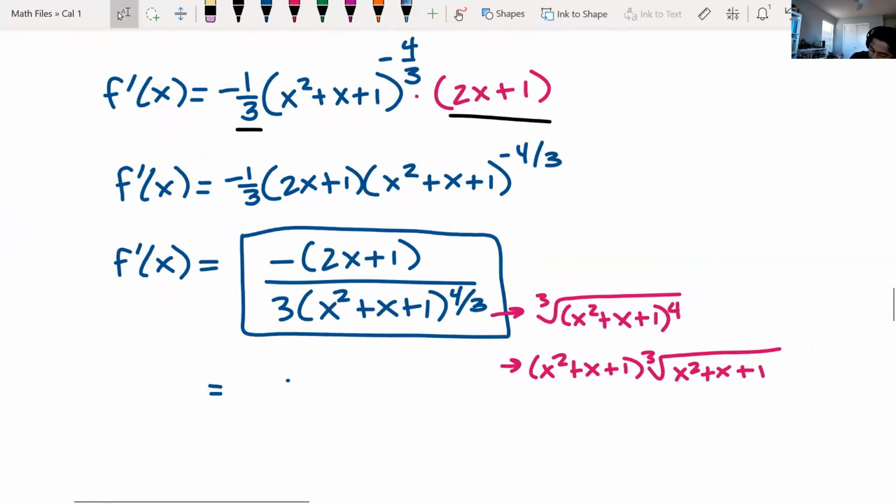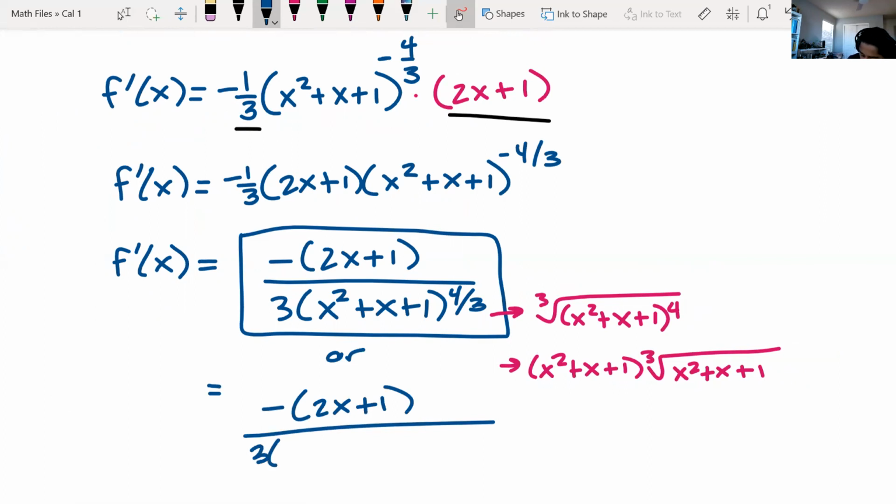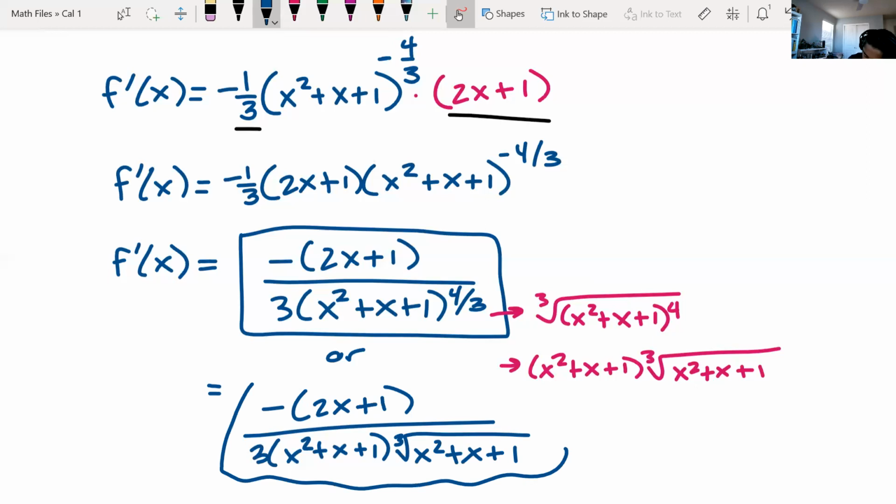So that's a definite alternative. If you want to distribute that negative, go on ahead.